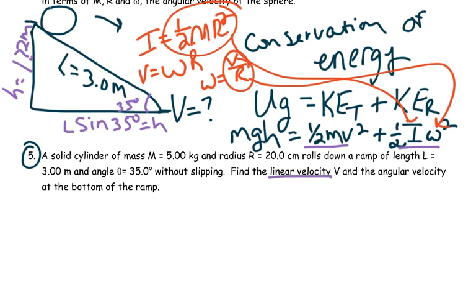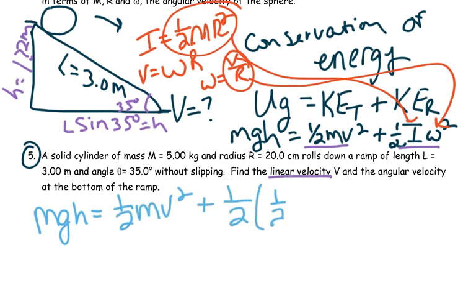So now we have mgh equals 1/2 mv squared plus 1/2 times 1/2 mr squared times the velocity over the radius squared. So I square everything inside my parentheses, so I get velocity squared over radius squared.